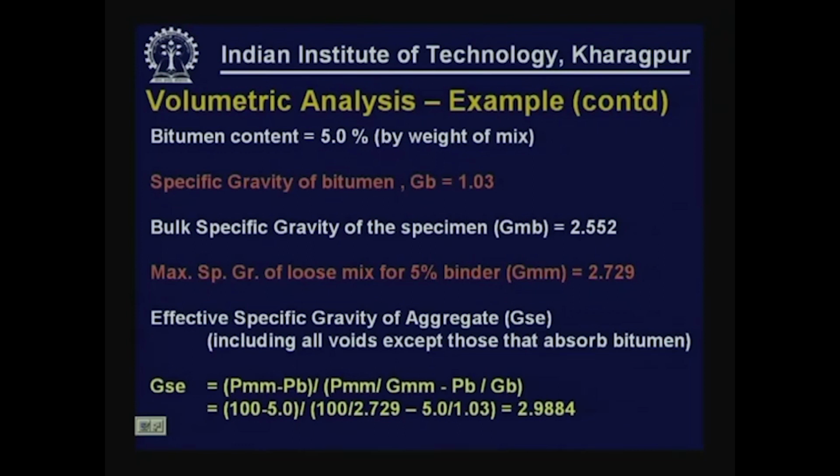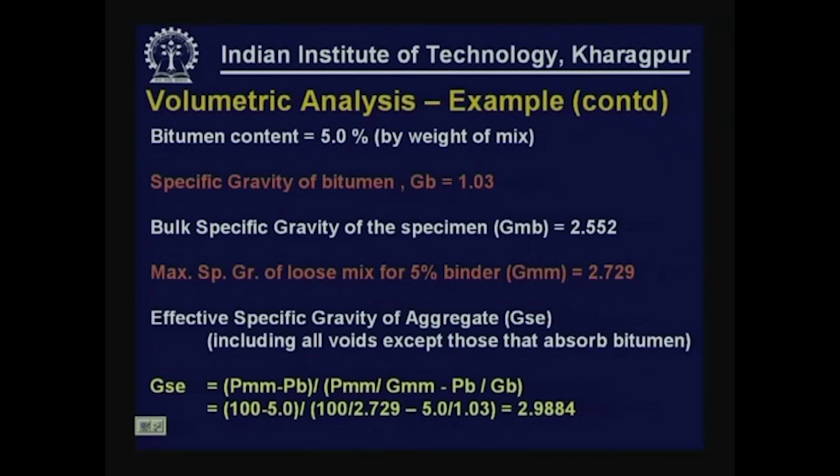So, the effective specific gravity of the aggregate, GSE, which is calculated taking into consideration all the voids except those that absorb bitumen, is given as PMM minus PB divided by PMM by GMM minus PB by GB, where PB is the proportion of binder, GB is the specific gravity of binder, GMM is the maximum specific gravity of loose mix, and PMM is the percentage of total loose mix, which will of course be 100.